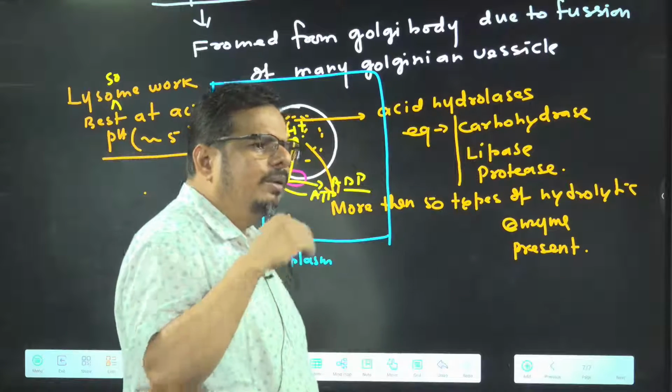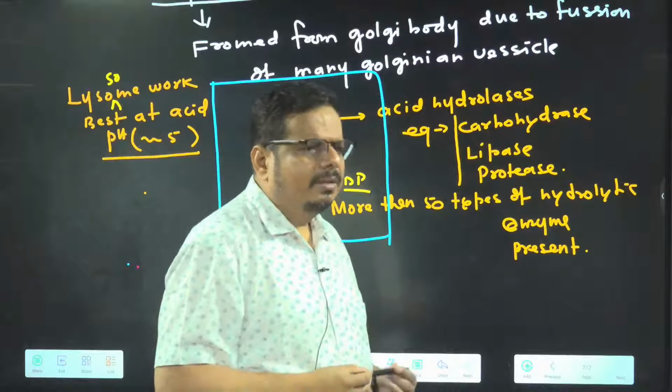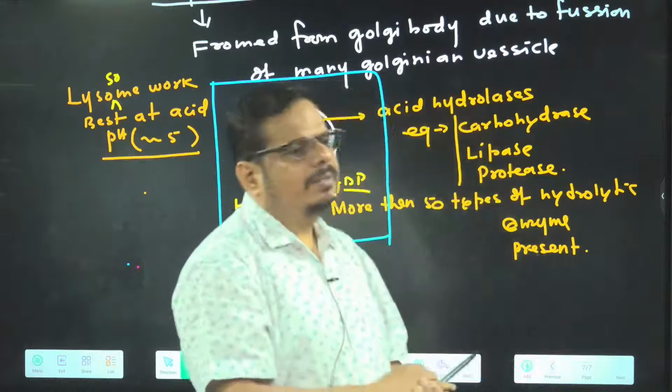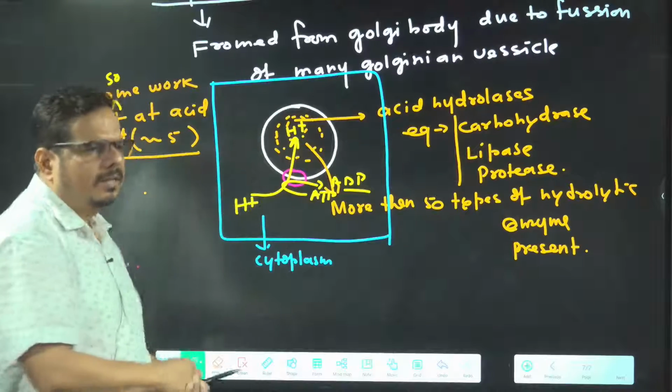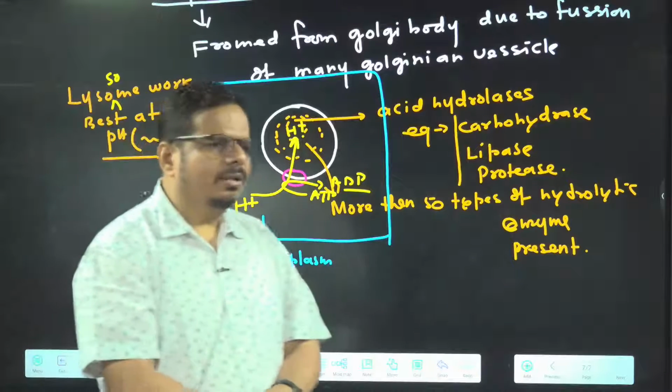Because when protons go in, the concentration of H ions will increase. When the concentration of proton ions increases, pH will decrease. You have studied this in zoology also, chemistry also. So that is how they maintain the acidic pH. You got the idea?